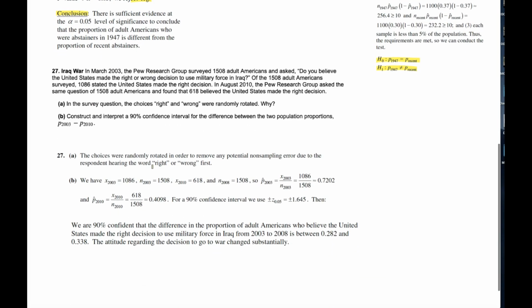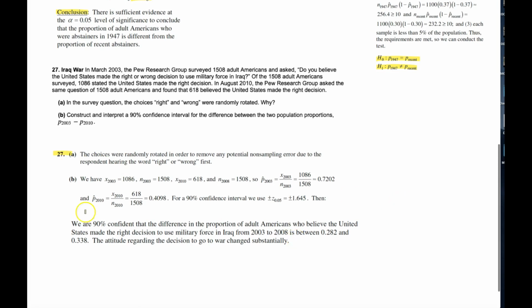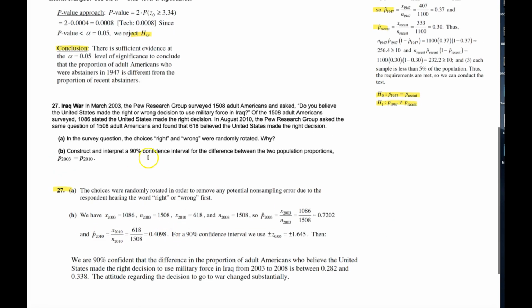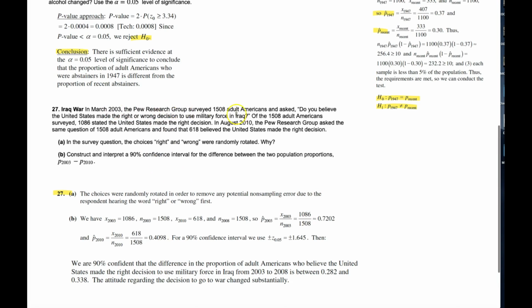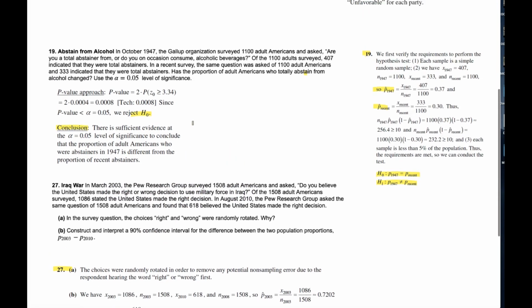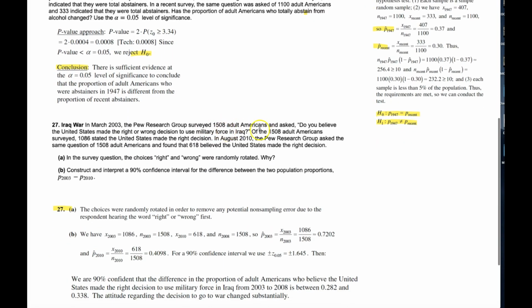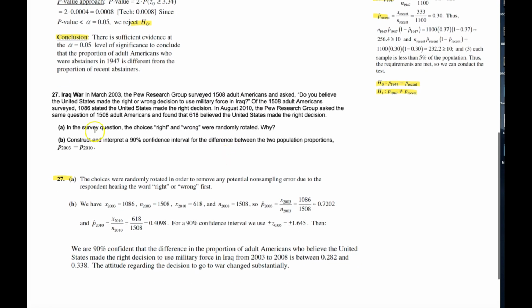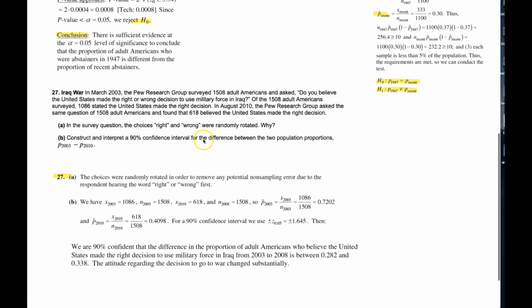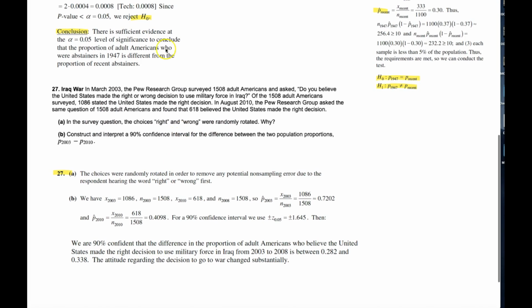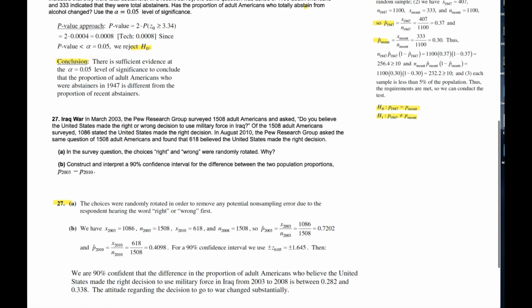Looking at the next one, 27, here's the answer on the bottom, so you can see it written. In this case, what we're looking at is trying to compare these 2 groups together. We're going to compare these 2 proportions of what people believed in 2003 versus what they believe in 2010. So you have the two samples.